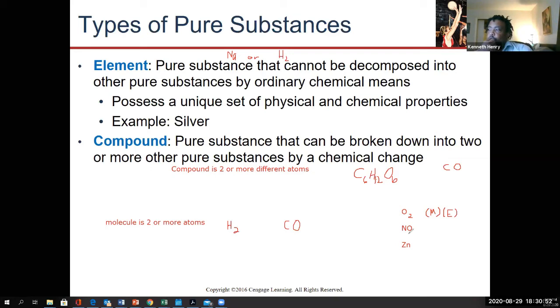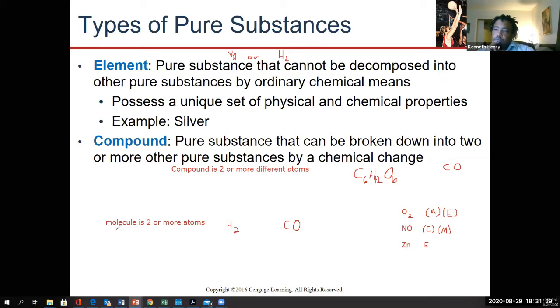What about NO? It's a compound, and it's a molecule. What about zinc? An element. Piece of cake. Everyone get it? I'm not getting it.